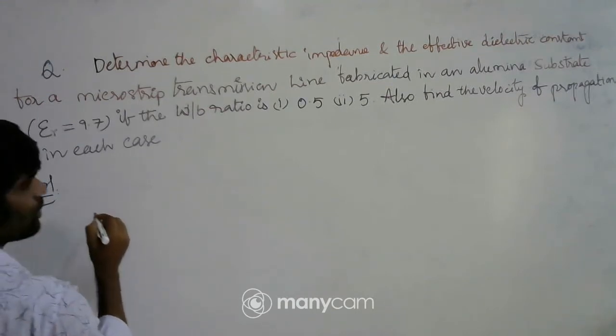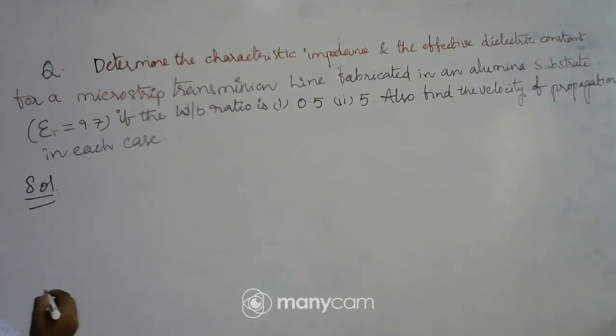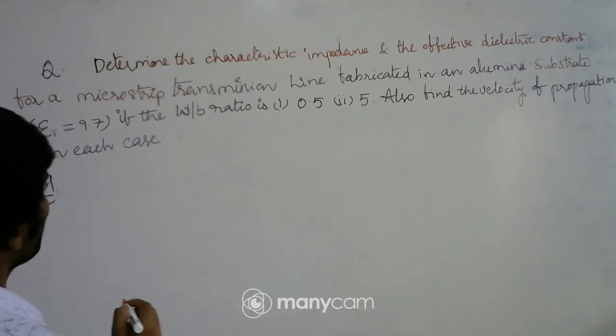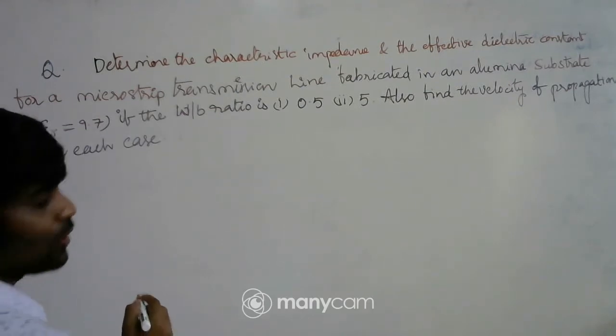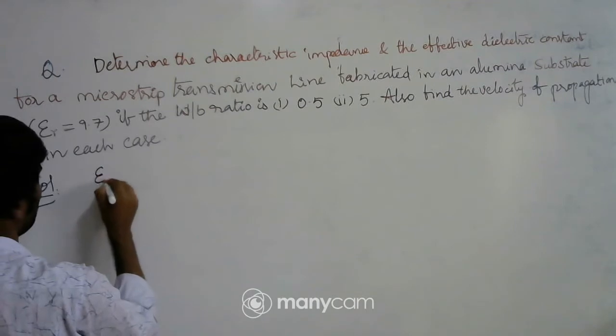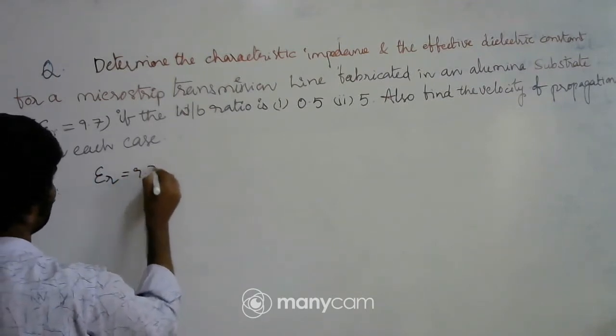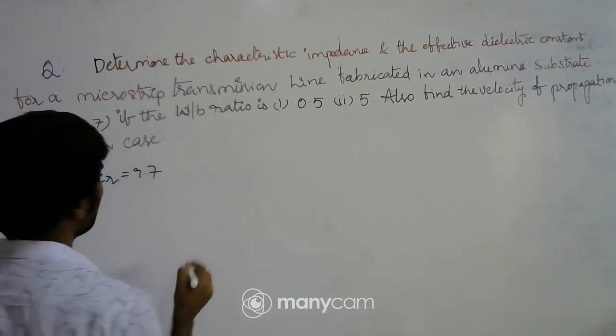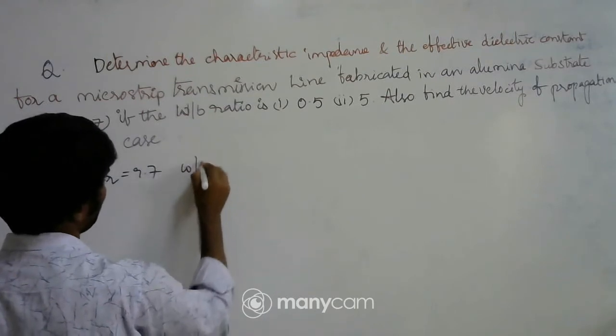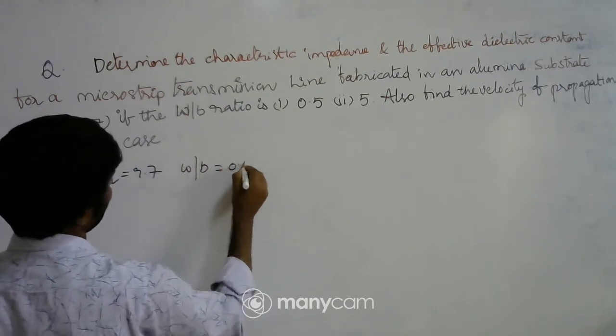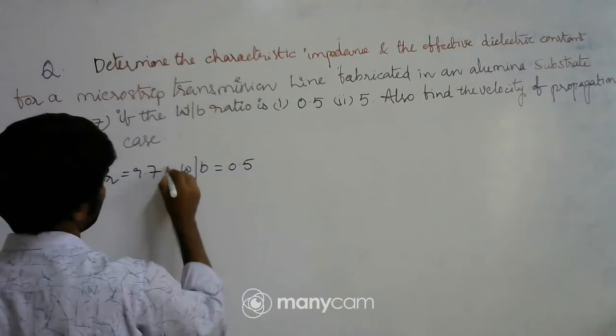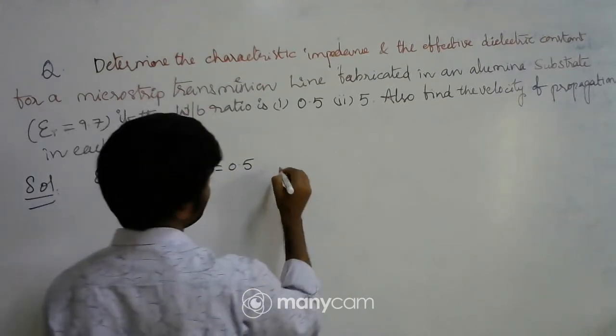First you need to write down the given data, what we have from the problem. From the problem we have epsilon r value 9.7, and we have W by B ratios 0.5 for the first case, and 5 for the second case.